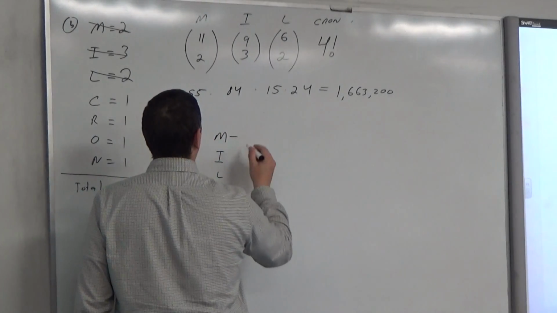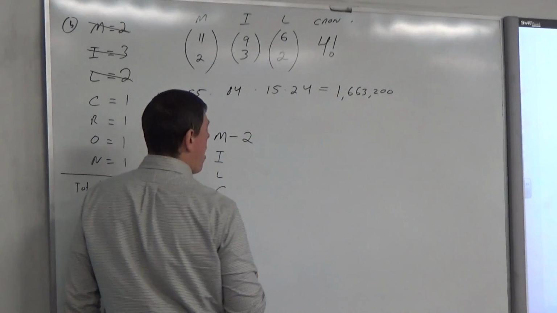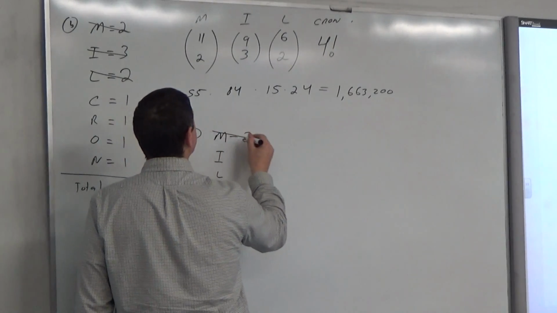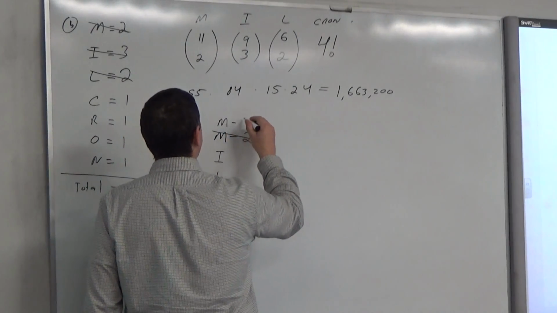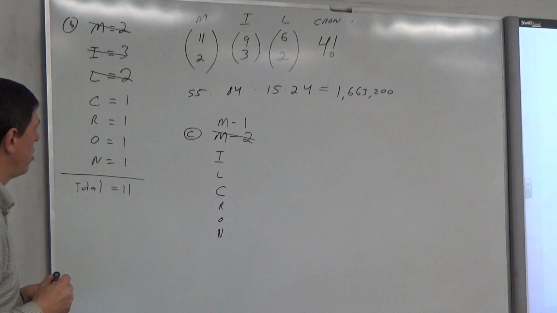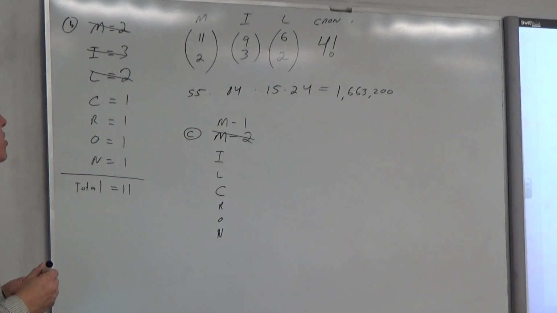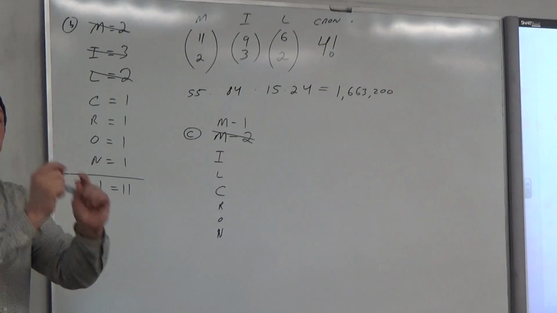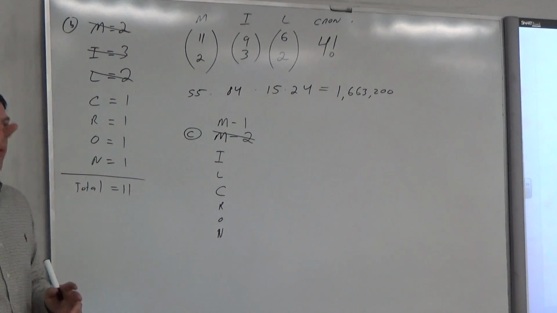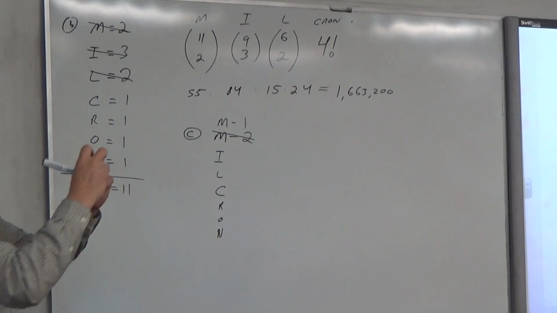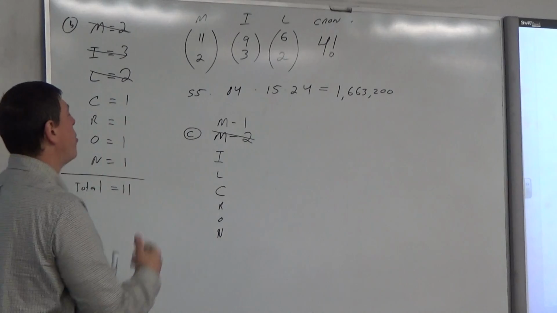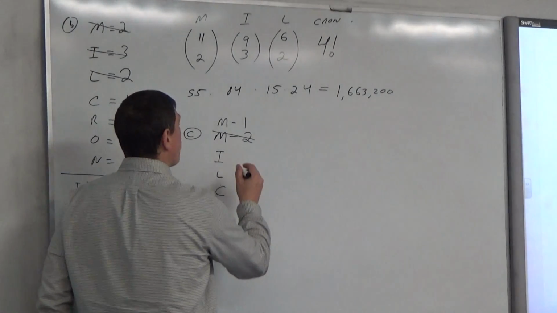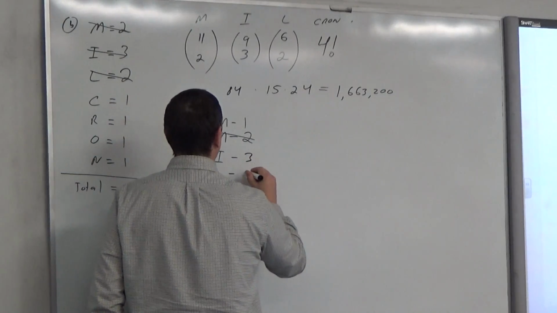Now, we started out with 2 M's, right? But aren't we saying that the first letter must be an M? So basically I've affixed the position of one of those M's. It's gone. I've basically taken it out of the theoretical bag of letters, and I have to put it in that first position. Everything else is going to stay the same.